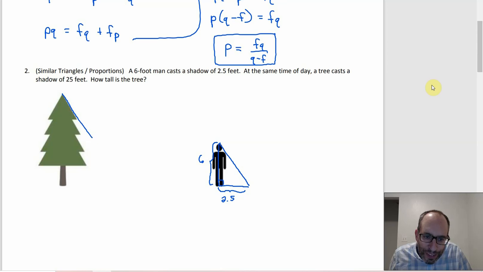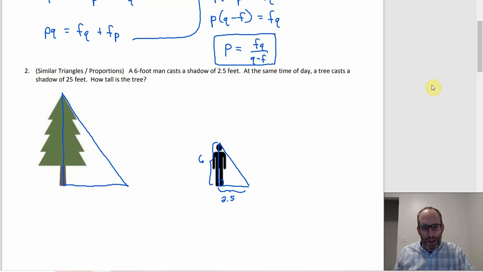You kind of follow along it like that. And then I guess I need that as well. And then these are going to have to connect. Right, so then the shadow is 25 feet.